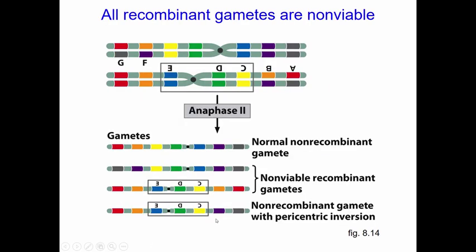So now when you go to make the gametes, these two in the middle are non-viable. Just like the paracentric, you've got 50% viable and 50% non-viable, but here these are non-viable because they have two of some genes and none of others. When they become part of a zygote with a normal gamete, there will be 3 copies of the gray and purple instead of 2.